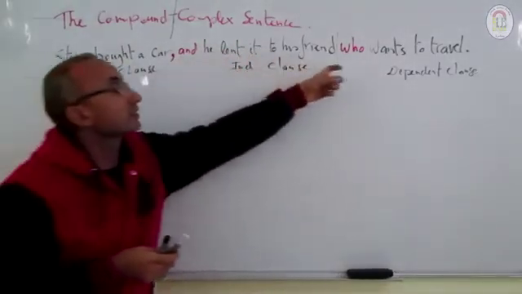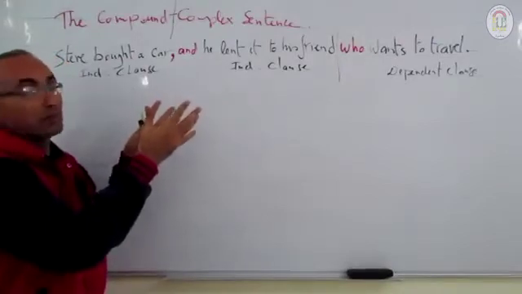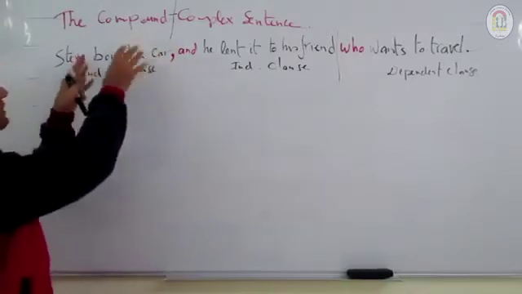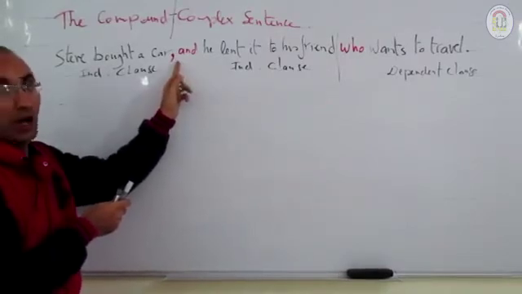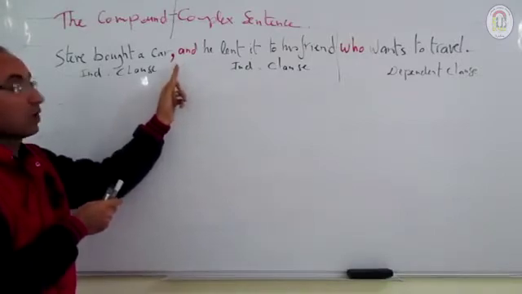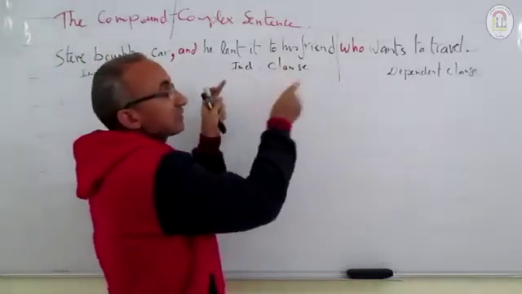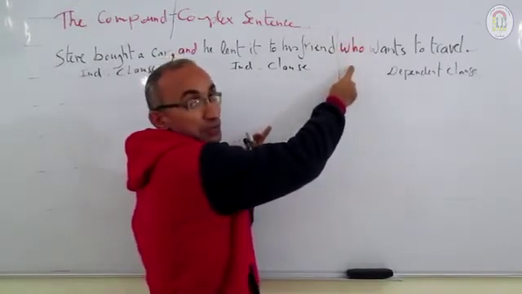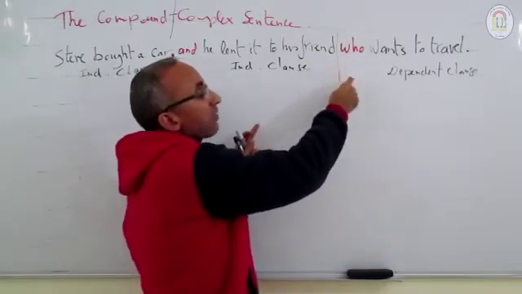And as you see here, we have a kind of collection of the markers of the two previous types of sentences. In this type of sentences, you find clearly one of the markers of the compound sentence, fanboys, semicolon, or conjunctive adverb, and also together in the same sentence one of the markers of the complex sentence, which are relative pronouns or adverbs, or conjunction of subordination, or starters of the noun clause.